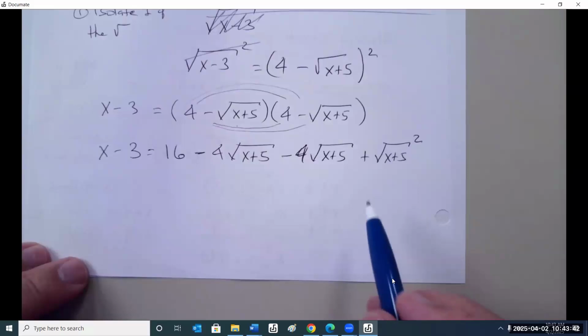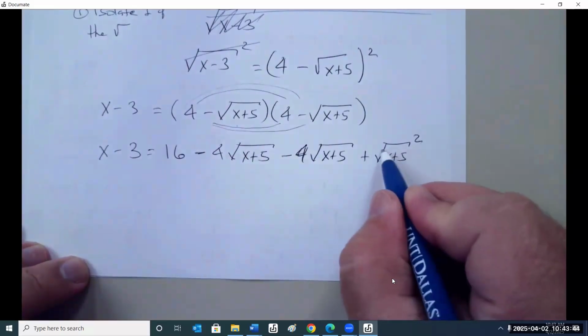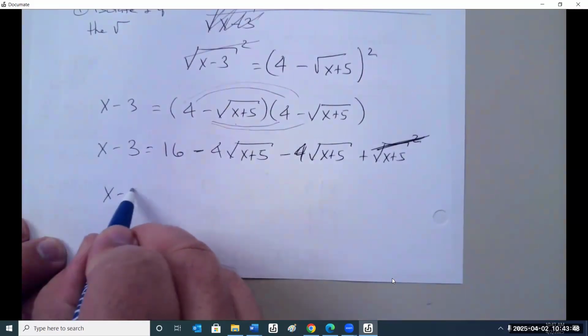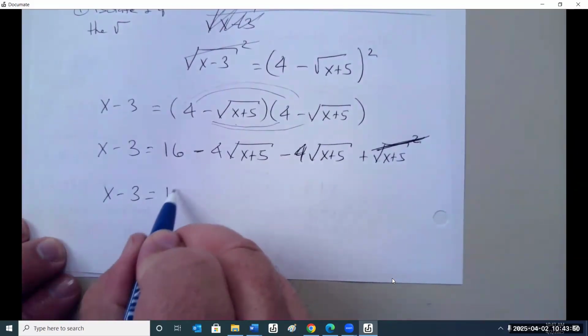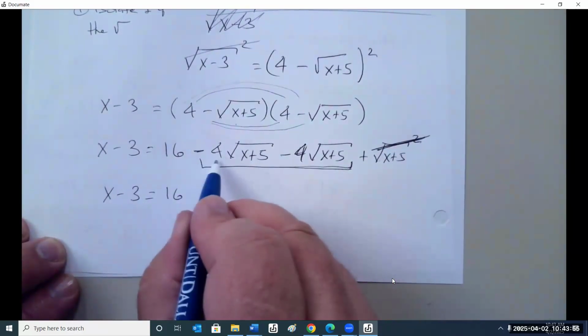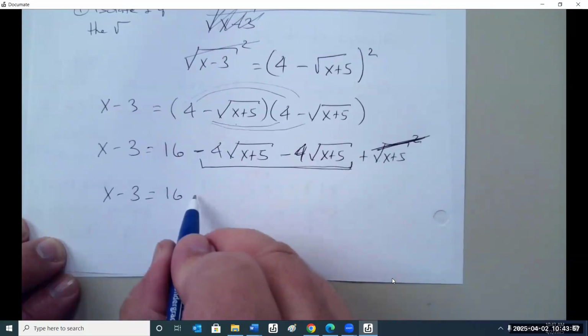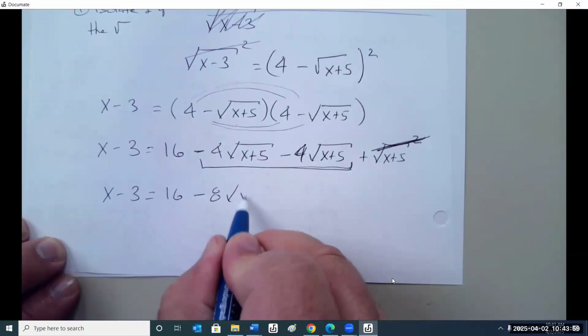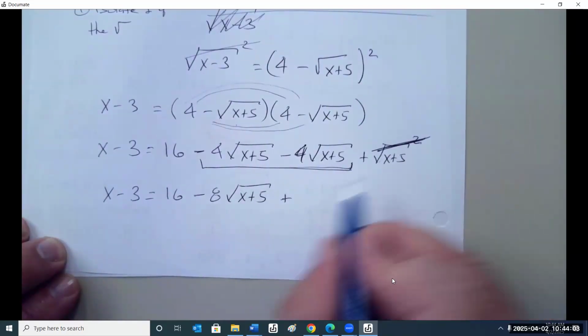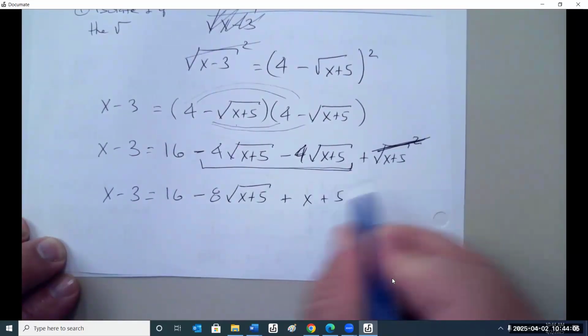Now, on the right-hand side, the square root and the square cancel out. And we can combine these two. Negative 4 and negative 4 makes it negative 8 square root of x plus 5 plus x plus 5.